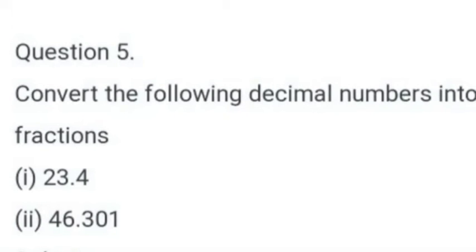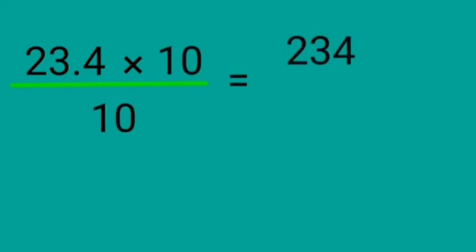Question number 5. Convert the following decimal numbers into fractions. Subdivision 1. 23.4. Here we can see that right after the decimal point, we have one digit. Therefore, we should multiply and divide by 10. After multiplying and dividing by 10, we get 234 divided by 10.